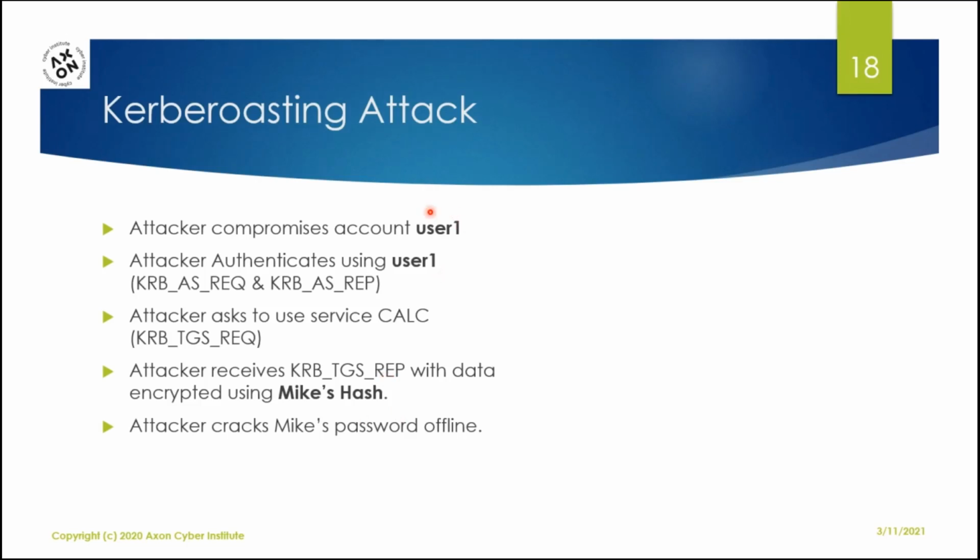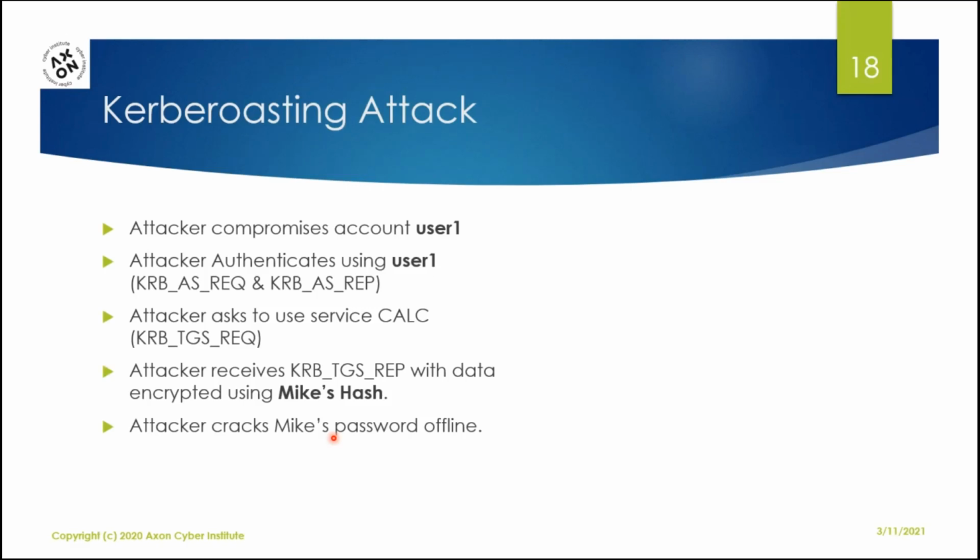So now user 1, the hacker, has gained a portion encrypted with Mike's hash, or Mike's password. That means I can use hashcat to crack that data and recover Mike's password offline, if it is crackable, if it is not that complex, or if time allows me to perform that.